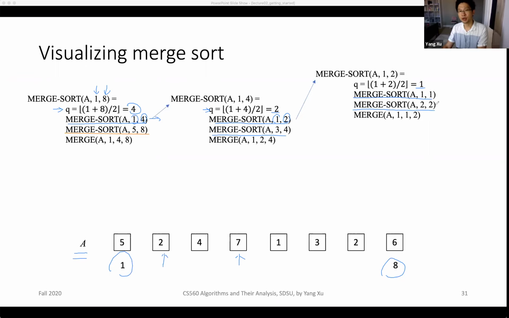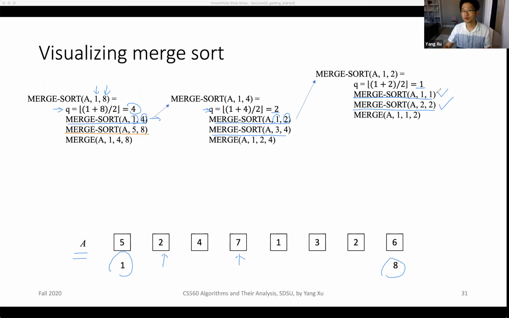Okay, now it's the point that we need to stop, because the merge sort here is called upon an input array with just 1 element, and likewise for here. So these 2 calls will be instantly returned, right? Because they don't need to do anything.